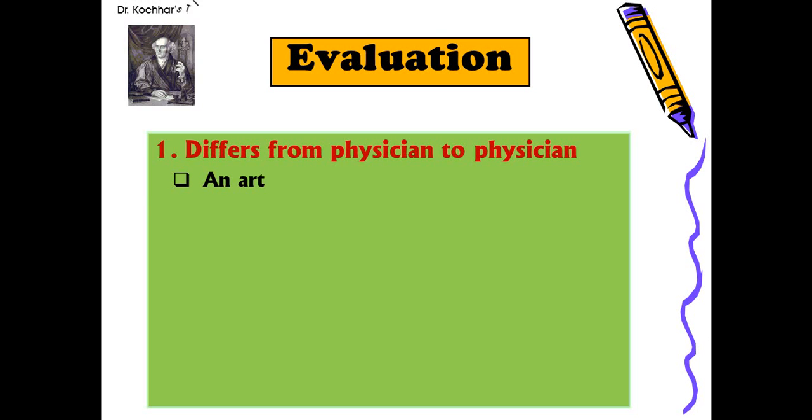They will tell you different things, though they will be concluding from what Hahnemann has said. Number two, the modern concepts are to be taken into consideration. As a result, it is said that this is an art. It is not a science, because there is no rule of thumb present. It is an art. And what is that art? Art is a matter of performance.